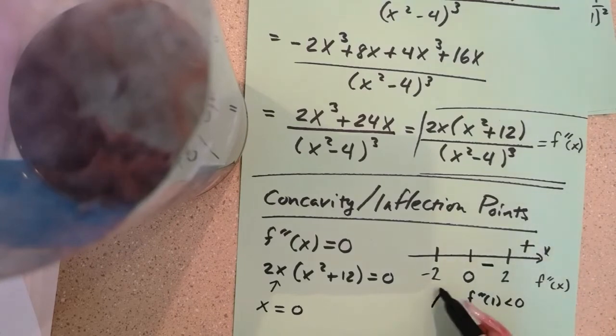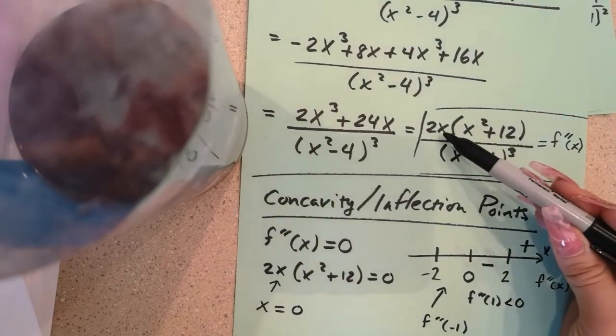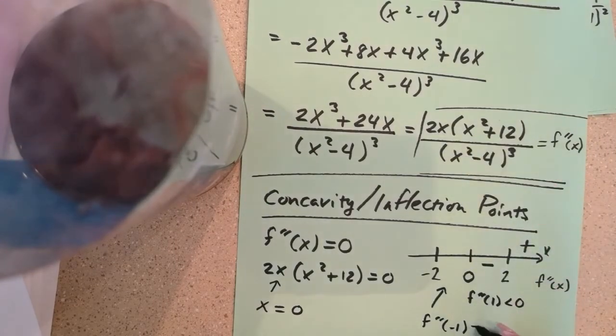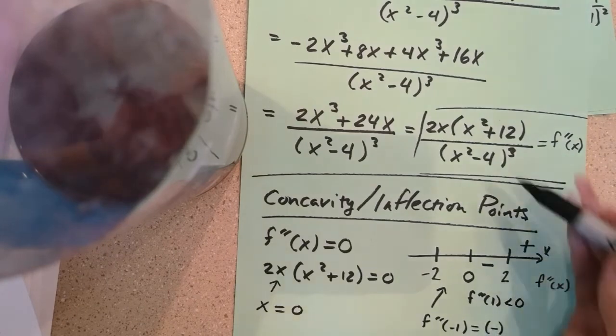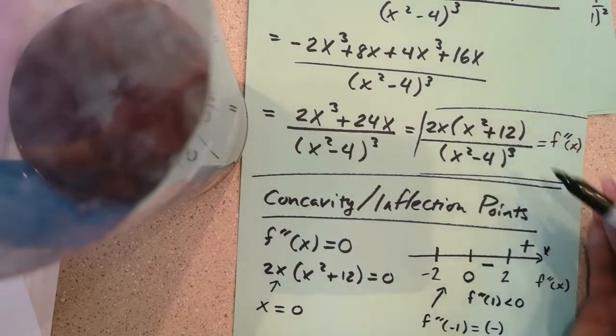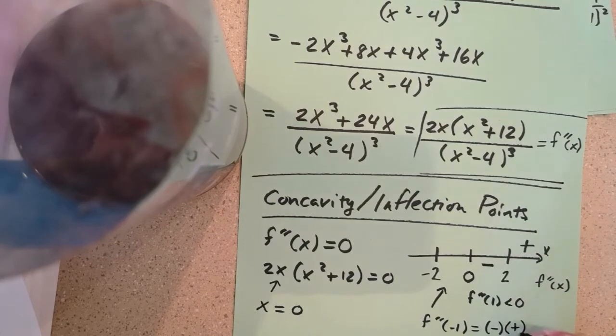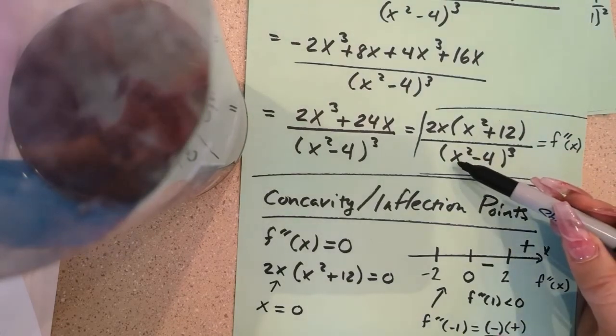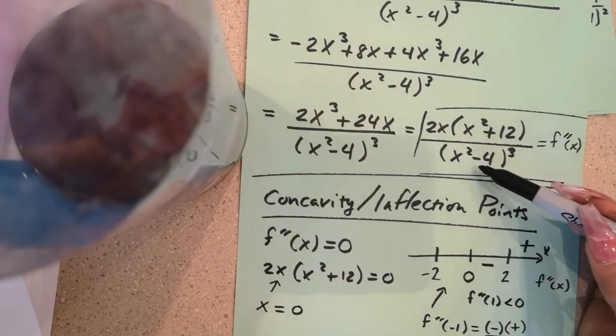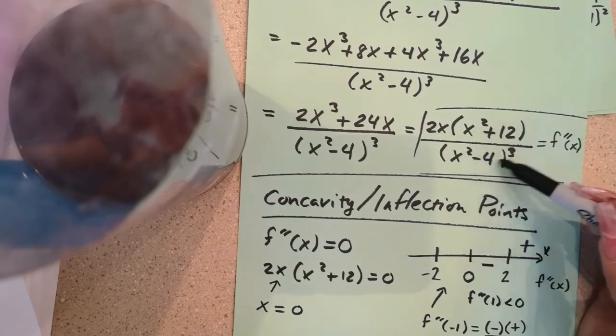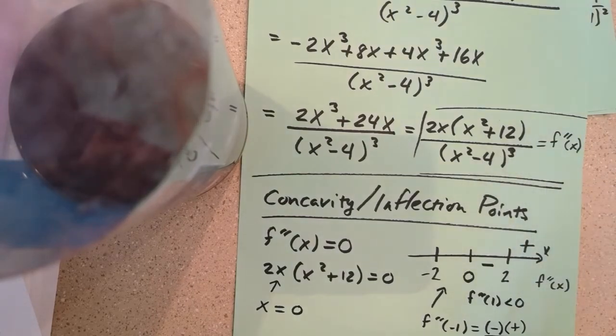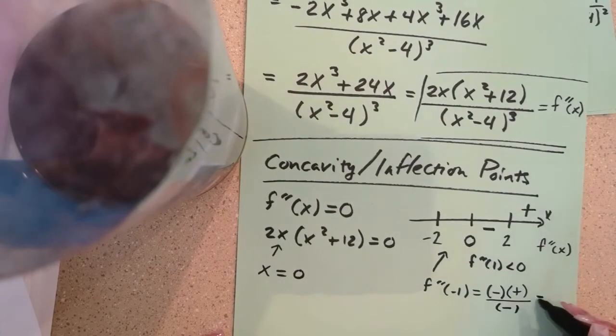What about -1? Okay, -1. Well, let's see, I have a negative here. This guy is always positive. -1 squared, well, that's +1. -4, though, it's negative. This is a negative cube. This is still negative. So I'd have a negative over a negative. This would be a positive.